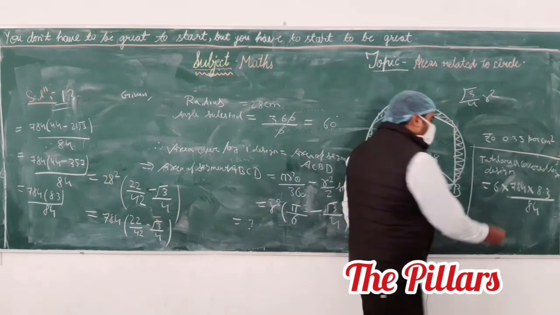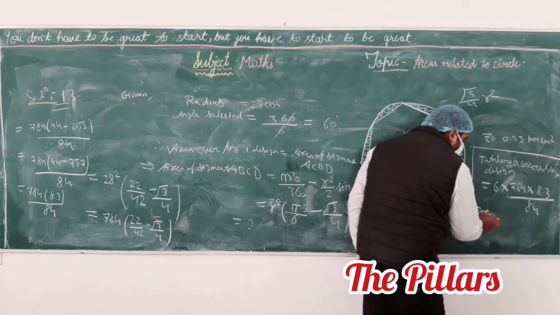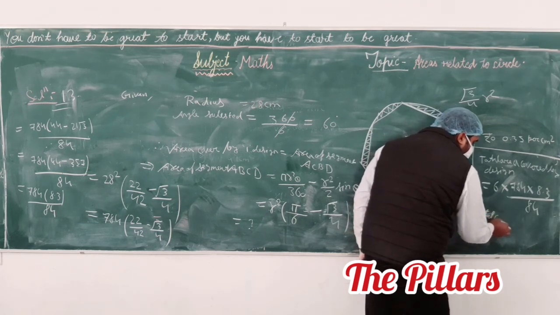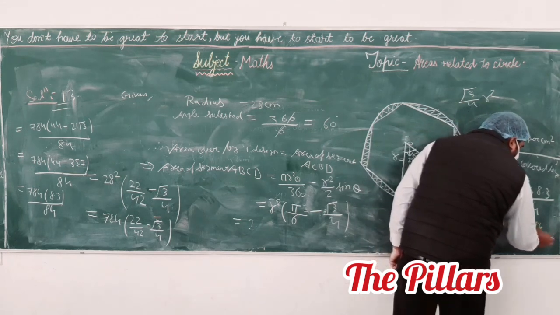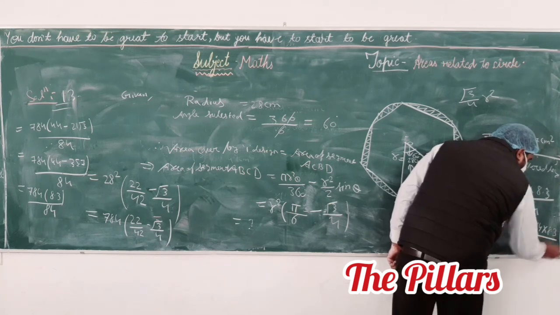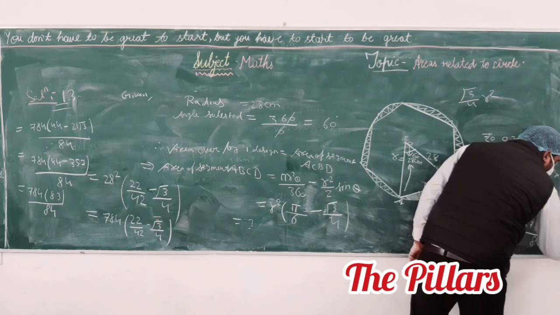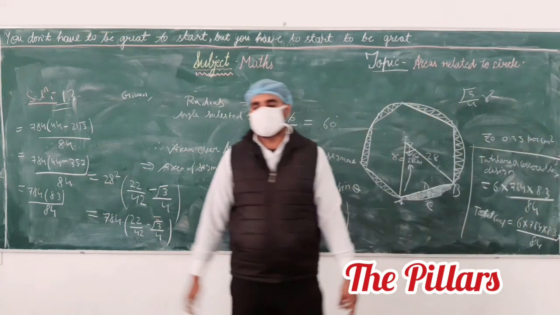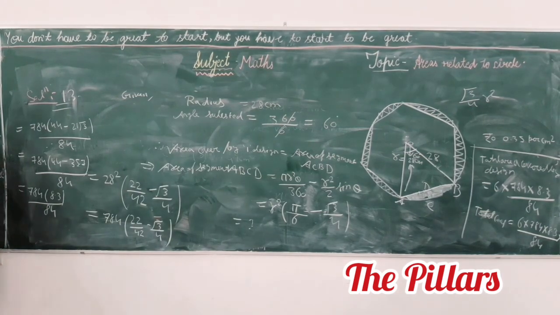And if you want, then calculate the total cost. Total cost equals what? 6 into 784 into 8.3 divided by 84 into rupees 0.35. This you have to calculate. This is the total cost. You all have to calculate it. This is the homework. Thank you everyone.